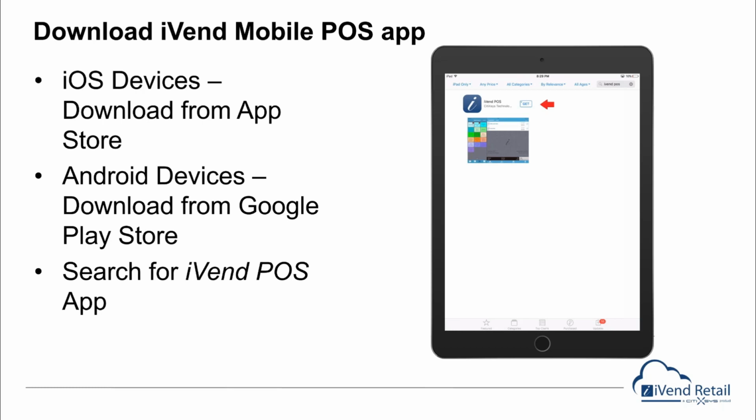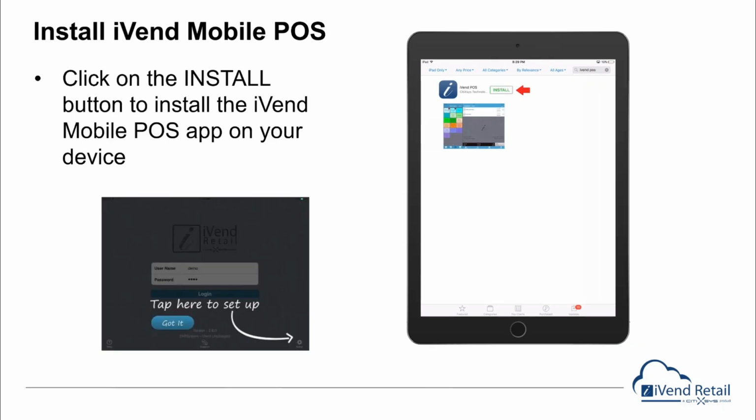All you have to do, as you see on the screen, is search for the iVend POS application, and you just have to click on Get, and then basically you do an install. It is as simple as 1, 2, 3. You just click on the install button, and then your mobile POS application will install on your mobile device in a matter of seconds, basically.